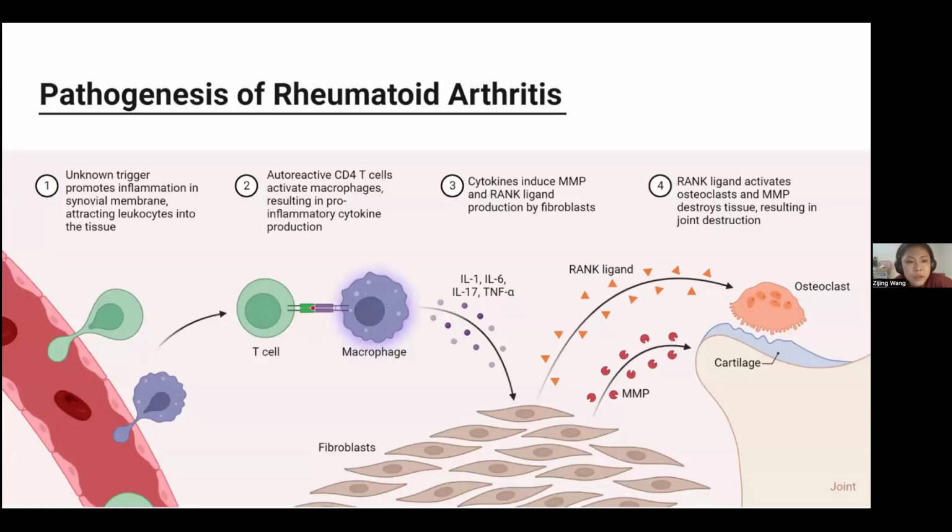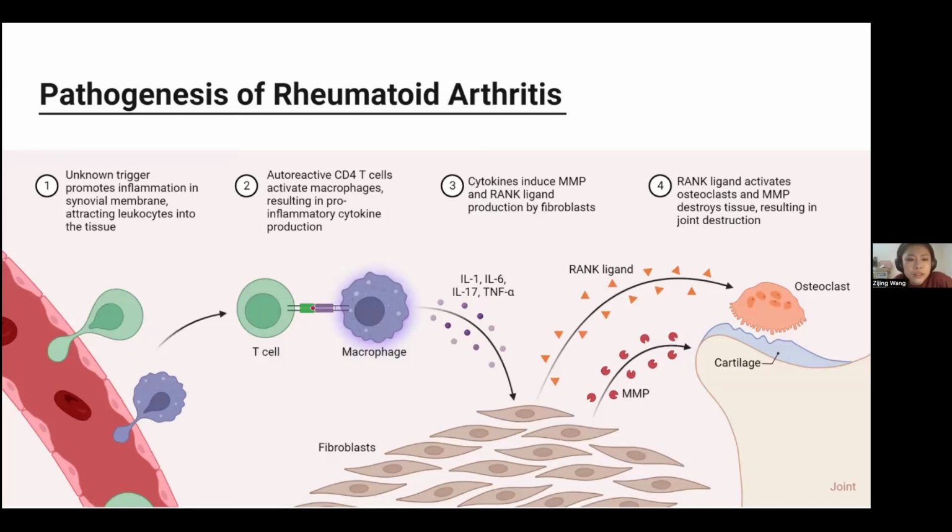There will be some trigger that promotes inflammation in the synovial membrane. It can be a genetic trigger or a stress-related trigger, anything. It's unknown, but it will cause inflammation in your synovial membrane, and it can attract leukocytes into the tissue.